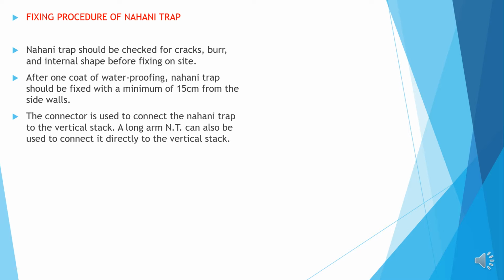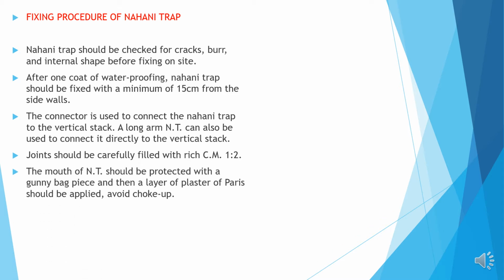A long arm nanny trap can also be used to connect it directly to the vertical stack. Joint should be carefully filled with a cement mortar 1:2. The mouth of the nanny trap should be protected with a gunny bag or a POP to avoid any materials falling in and creating a choke up during the progress of other work activities.